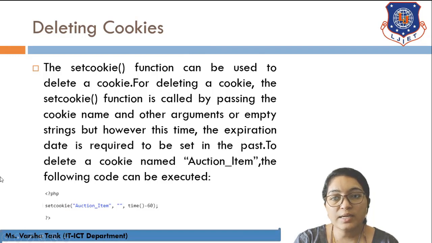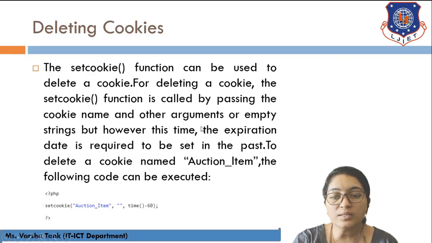Now next is deleting the cookies. So how to delete the cookie? The setcookie function can be used to delete a cookie. For deleting a cookie, the setcookie function is called by passing the cookie name. In our case, auction item is the cookie name. It is called by passing the cookie name and the other arguments as empty strings.